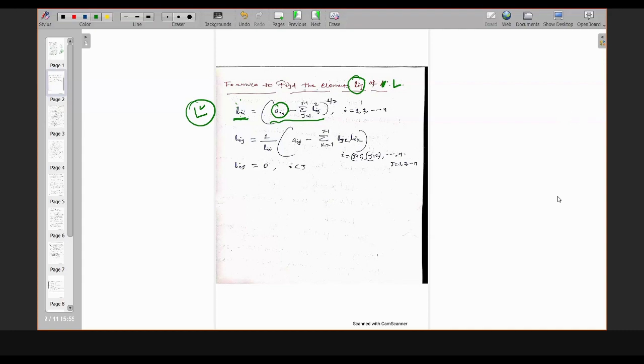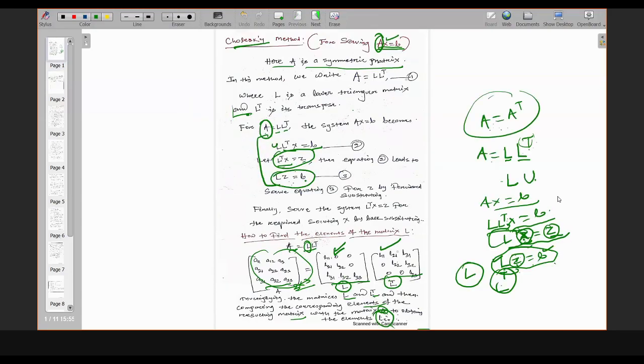Okay, so this is the formula to find the elements Lij of the matrix L. This is the formula that can be used to find the diagonal elements, and this is the formula that can be used to find the off diagonal elements, because in the L matrix you have the diagonal elements and these are the off diagonal elements.